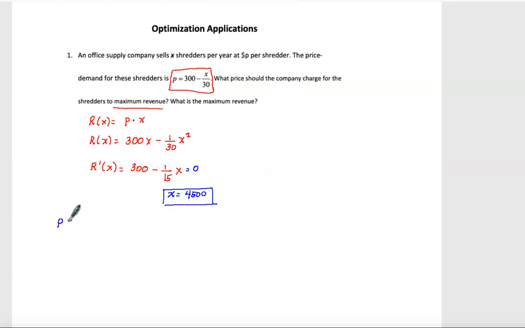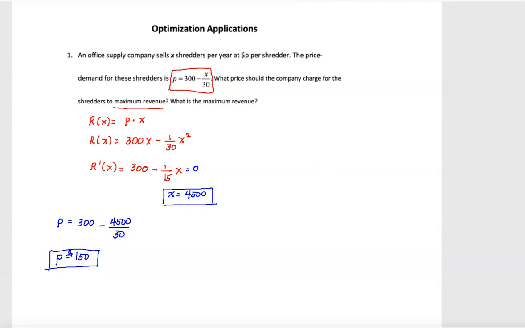The price would be equal to 300 minus, we plug in 4,500 for X, 4,500 divided by 30. Solving for P, the price would be equal to 150. So the price of the shredder is $150.